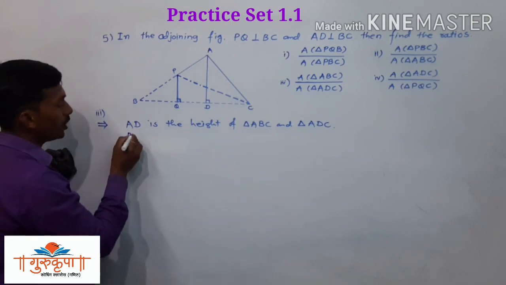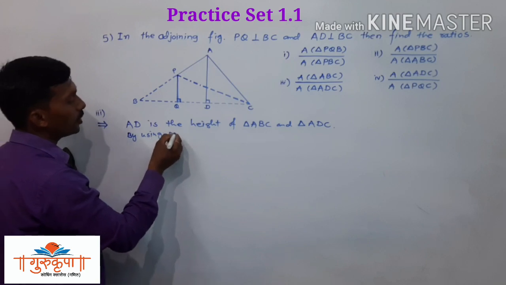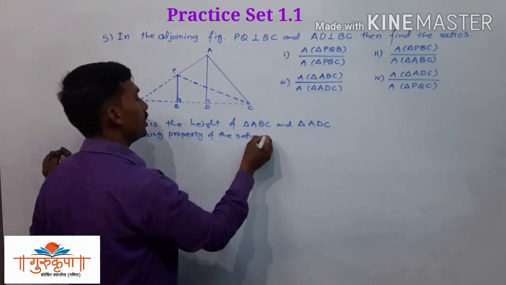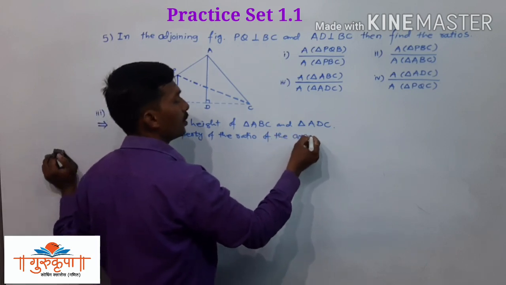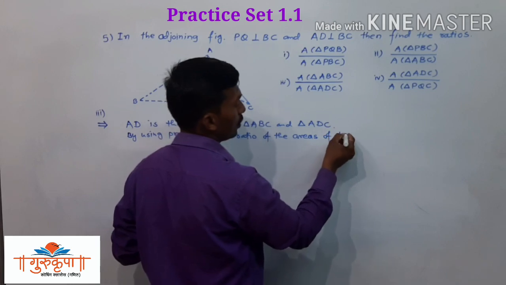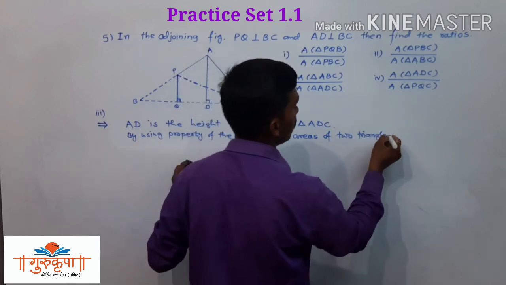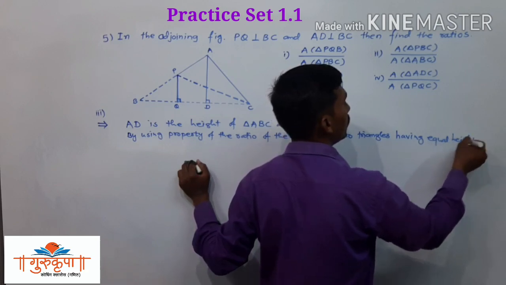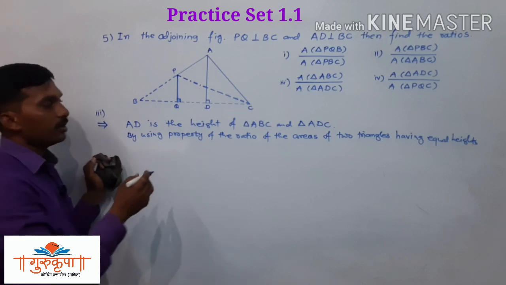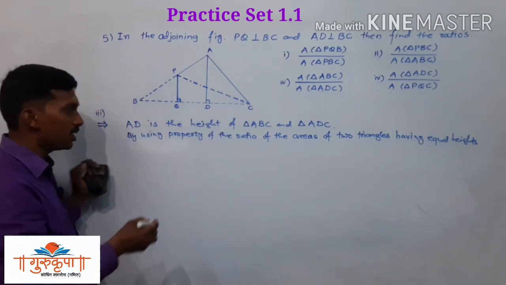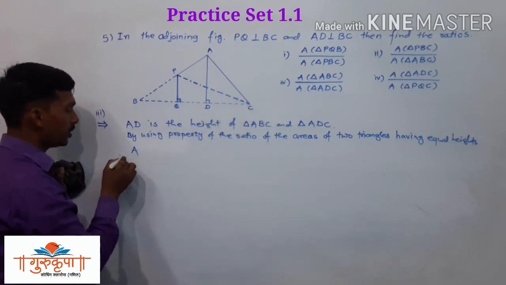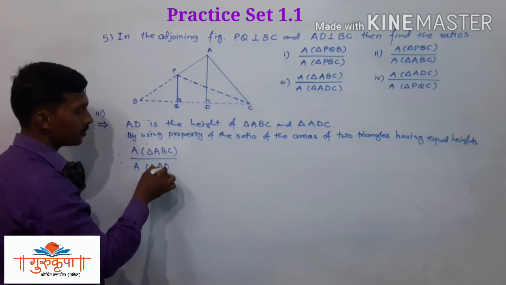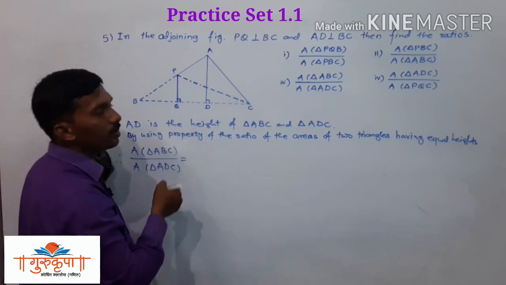So here we can write, by using the property of the ratio of the areas of two triangles having equal heights, area of triangle ABC upon area of triangle ADC is equal to the ratio of their corresponding bases.